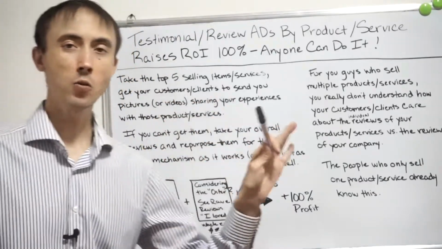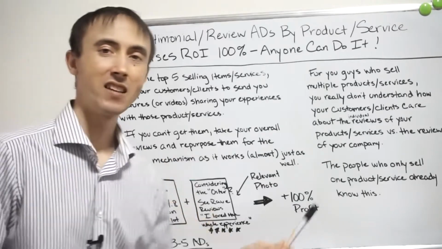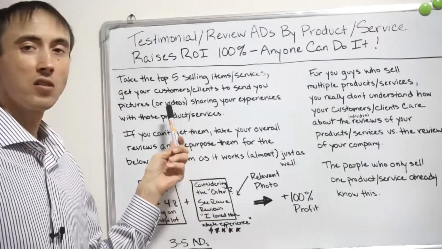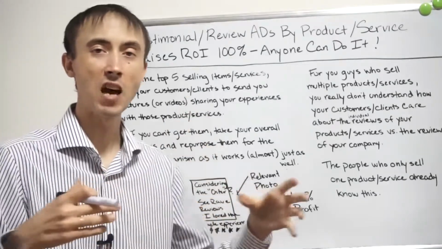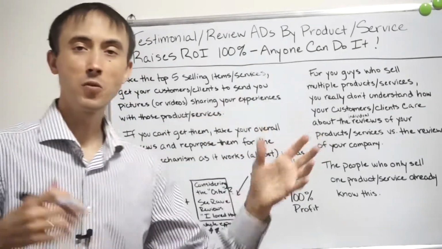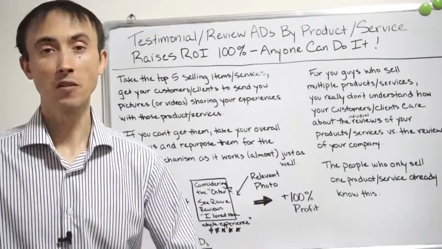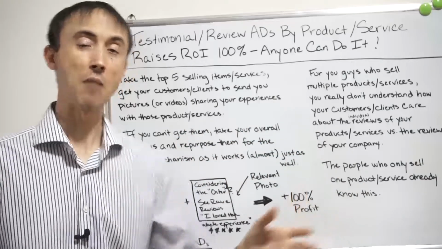But with that groundwork laid, if you could not get individual testimonials or reviews for each of the 5 items or services that you've singled out to focus on with this strategy, then you can go to the workaround method that I have for you here.